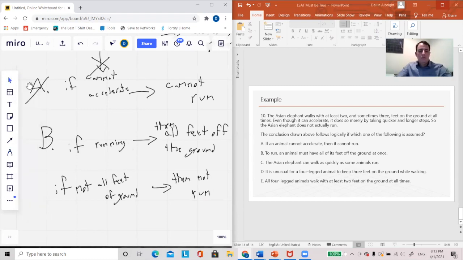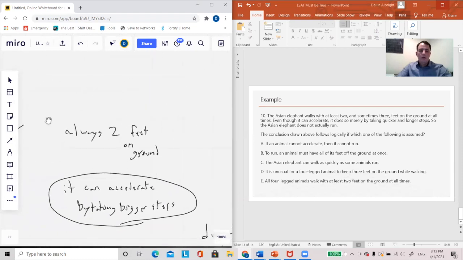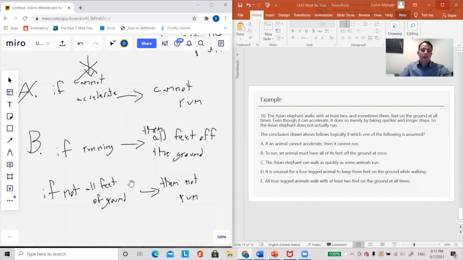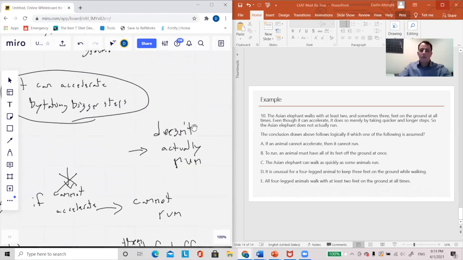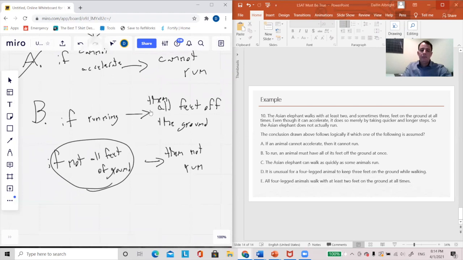And so if we take a look up at our information, the elephant always has 2 feet on the ground at any point. And so it falls within this category of not all the feet coming off the ground. And therefore, the conclusion that we're looking for, that the animal cannot run, matches up with the conclusion in the paragraph that the Asian elephant doesn't actually run. And so B would be our correct answer.